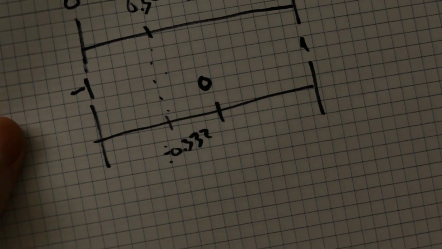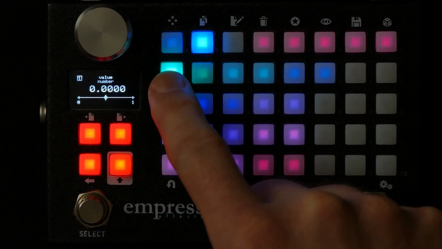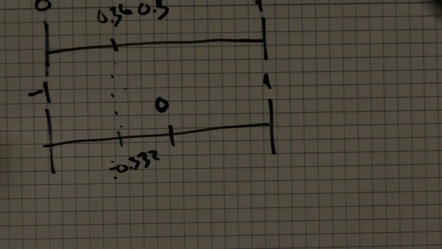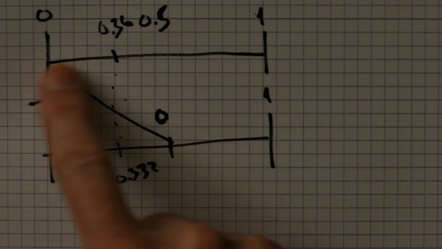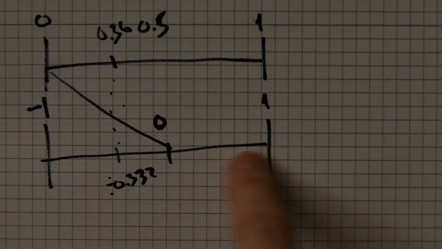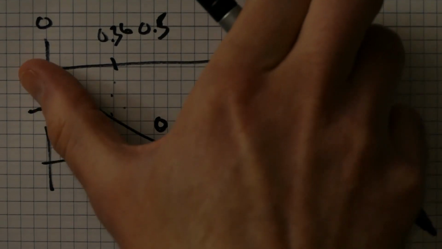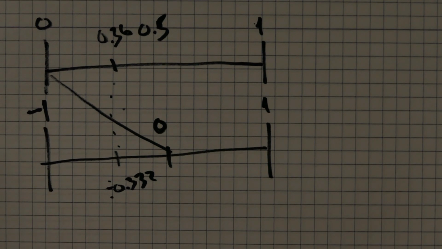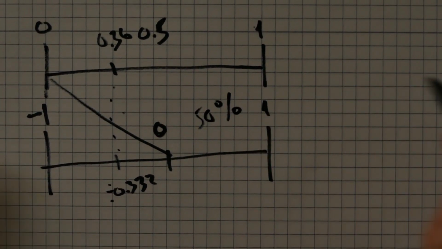So basically, I adjust the initial value of this value module up to 0 when this connection is in force. And because I want to convert from 0 to 1 here to 0 to 1 there, and this is half the range of this, I also have to use a connection strength of 50%.